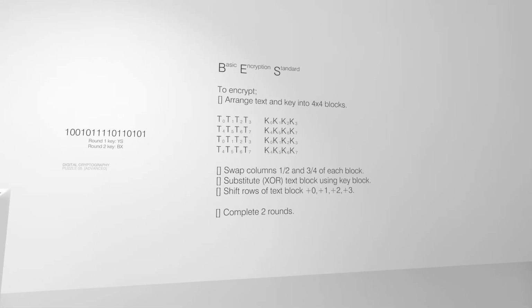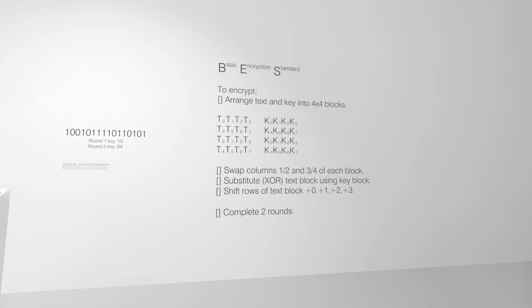Basic encryption standard to encrypt: arrange text and key into 4x4 blocks. So yeah, T0, T1, T2, T3. That's the text, and then key K0 all the way over there is the key. Round 1 key YS, round 2 key BX.